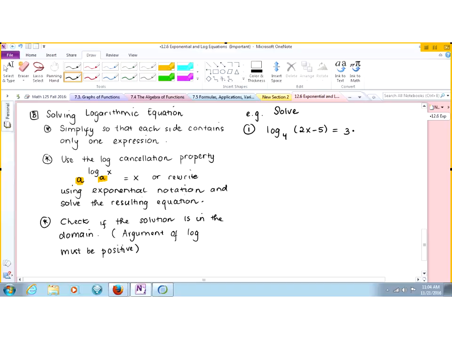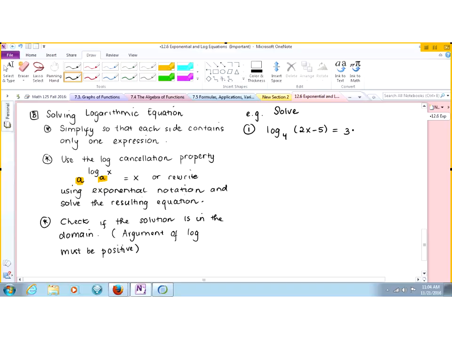So log base 4 of 2x minus 5 is equal to 3. All right. Now, do I have a single expression on the left? Yes, right? That's a log expression. Do I have a single expression on the right? Yes, that's a number.